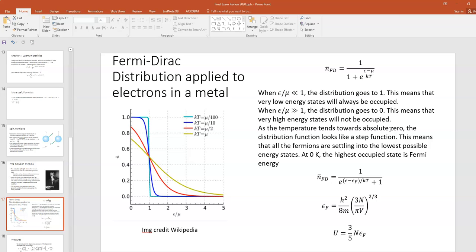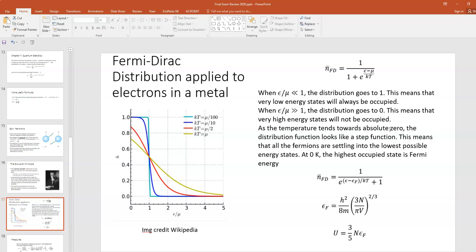For example, if your energy is a lot less than your chemical potential, then you're going to have those low energy states, and they're always going to be occupied. On the other hand, if your energy is a lot greater than the chemical potential, then the distribution dies off and goes to 0. And so that means that very high energy states are not going to be occupied.